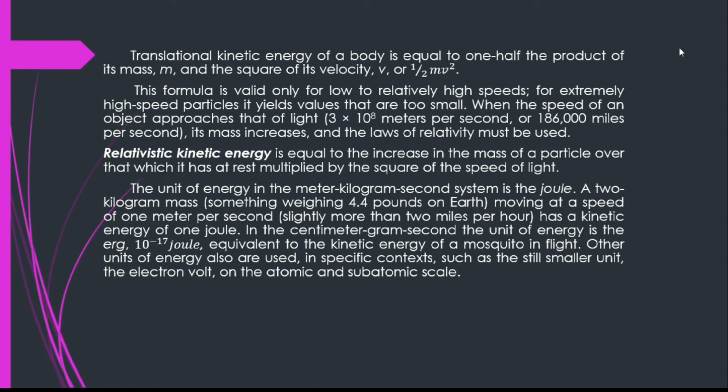In the centimeter gram second system, the unit of energy is the erg, 10 to the power of negative 7 joule, equivalent to the kinetic energy of a mosquito in flight. Other units of energy also are used in specific contexts, such as the still smaller unit, the electron volt, on the atomic and subatomic scale.